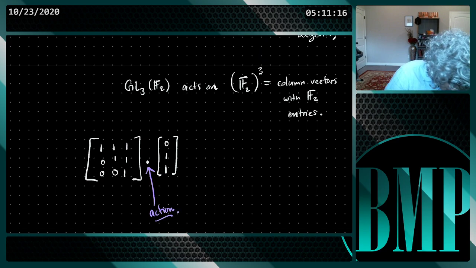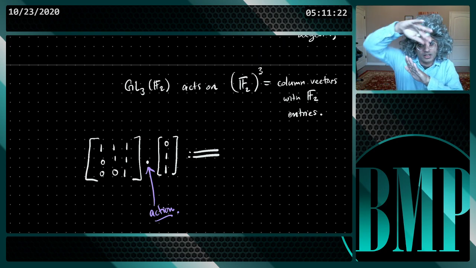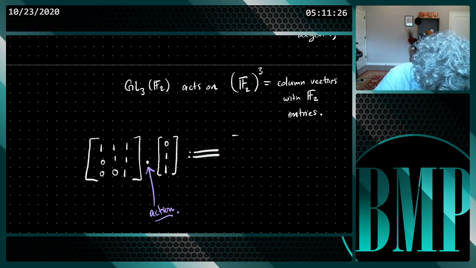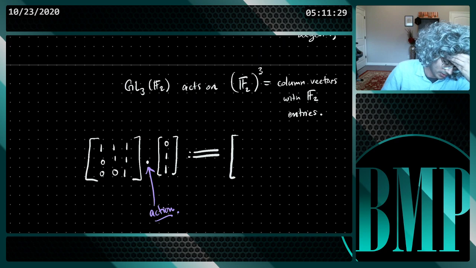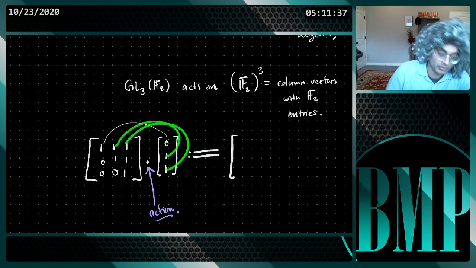Well, by definition, you do matrix multiplication, just like always. You do this thing, so you're going to get 0 times 1, 0 times 1, plus 1 times 1, plus 1 times 1.